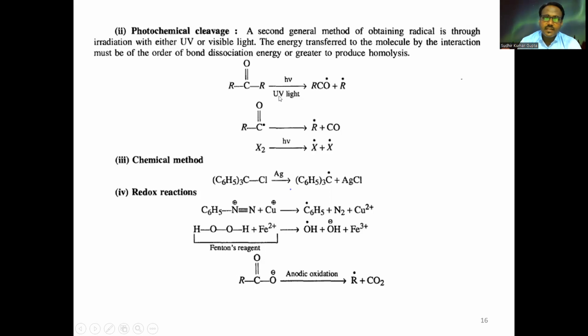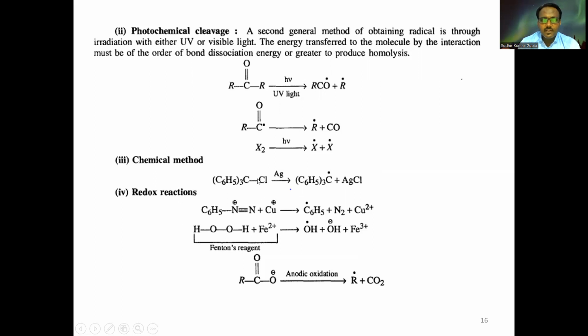So we can get RCO dot and R dot by the homolytic cleavage of this ketonic compound. Halogens also readily undergo homolytic cleavage, so they can form radicals which undergo reactions to cause the generation of carbon free radicals, as we can see in chemical methods.